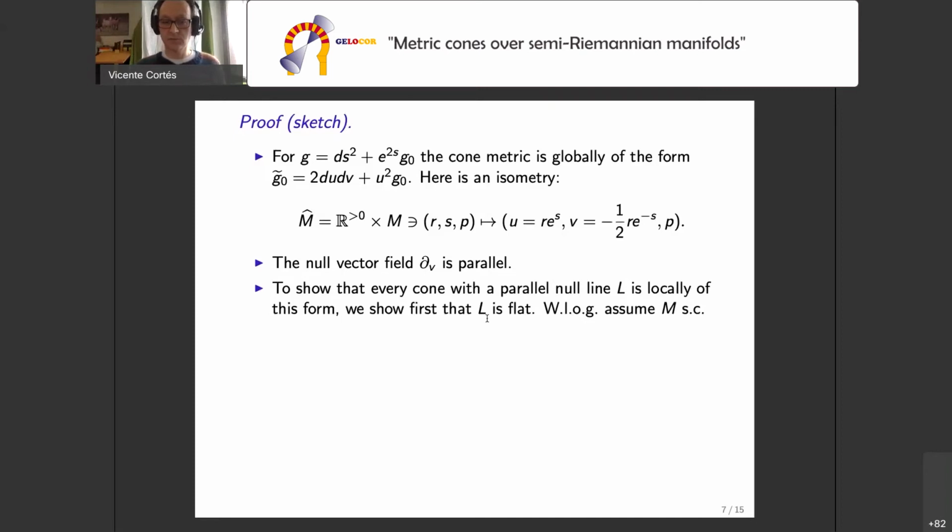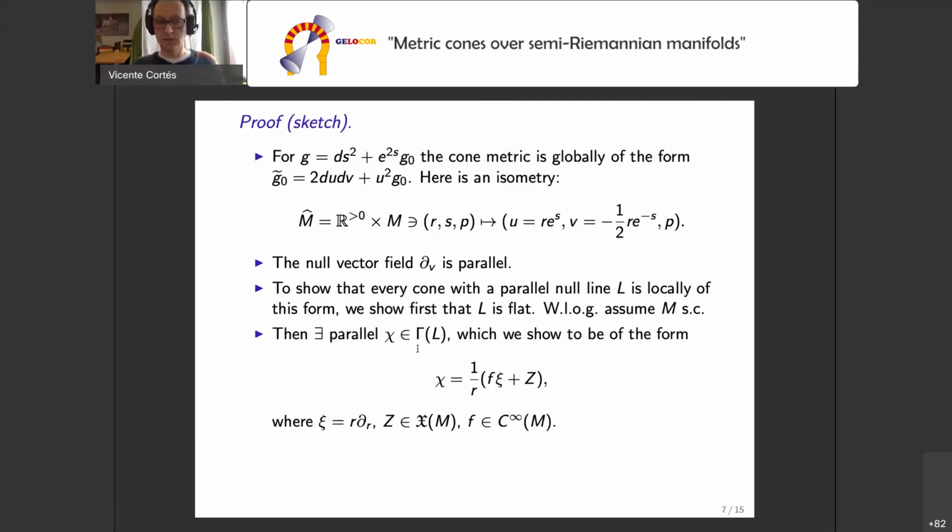So you can use the simple formulas which I showed to compute it, and you find by some arguments that the curvature is 0. This means in particular that you have parallel sections of the bundle L. And so we may assume that our manifold is simply connected because we are proving a local statement. And then we have a global parallel section of the line bundle L.